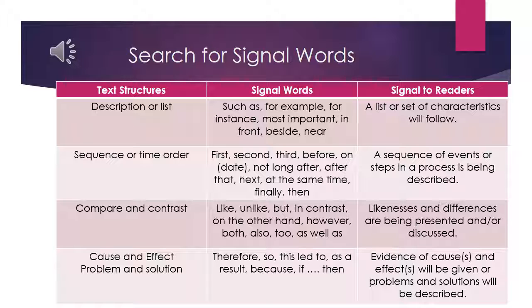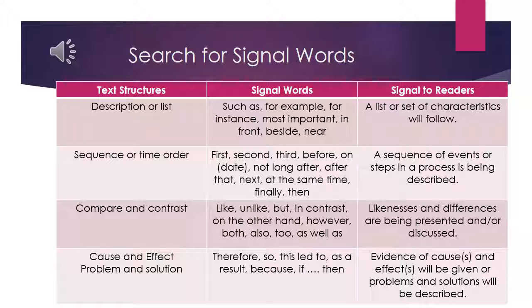Cause and effect and problem and solution typically have the same type of signal words, so this one can be tricky. Signal words to look for when reading a text structure with cause and effect or problem and solution: therefore, so, this led to, as a result, because, if, and then.